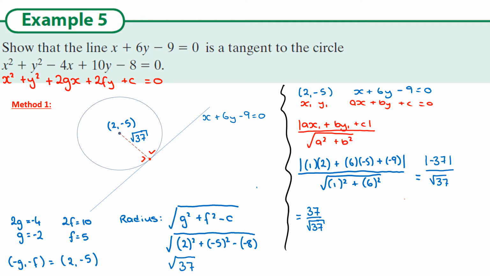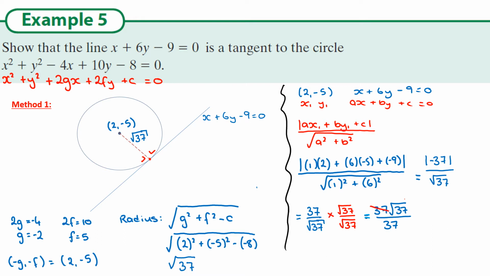Now you can put that into your calculator, but basically what we're going to do is rationalize the denominator. That means multiply the denominator by itself. So effectively we'll get rid of the irrational part. So we end up with 37 root 37 all over 37.